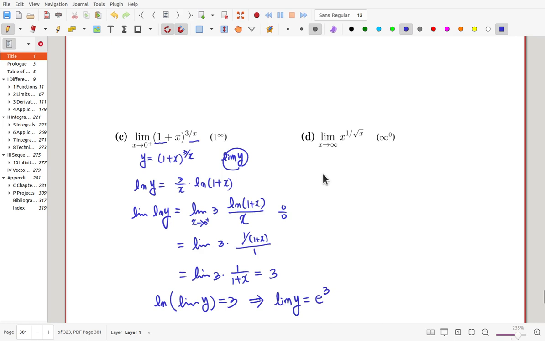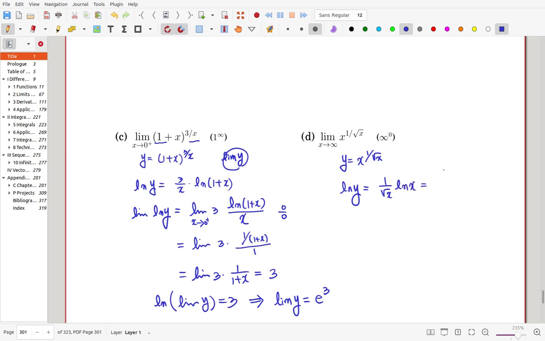Okay, the same technique will be used for this problem. So start with y equals x to the 1 over square root of x. And we are taking natural logarithm. And natural logarithm of y will be 1 over square root of x times natural logarithm of x.